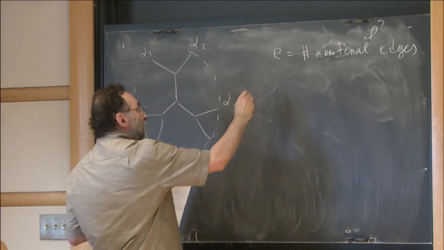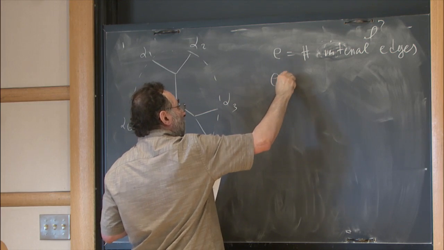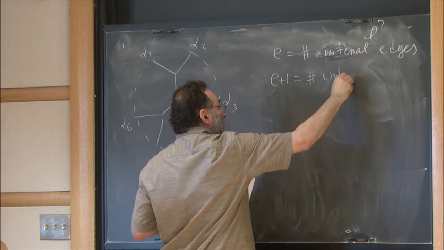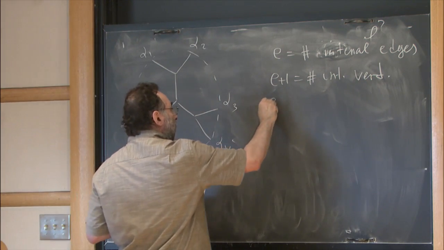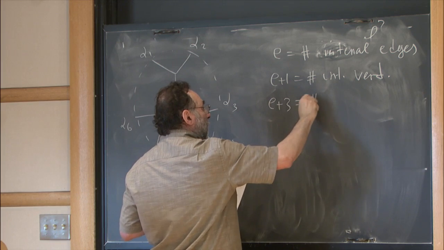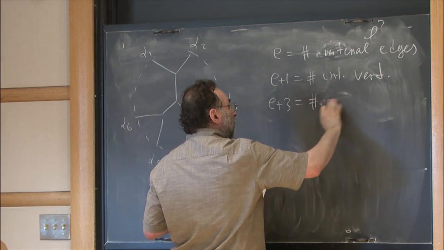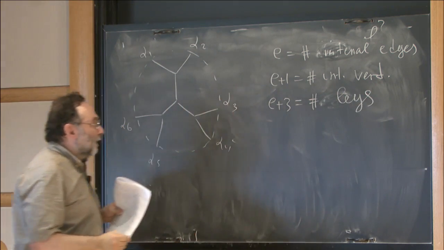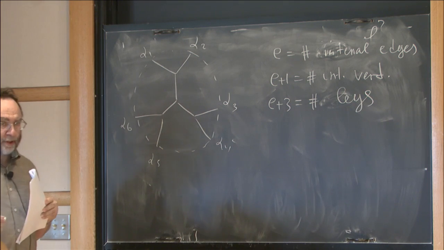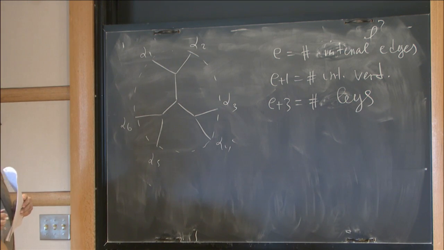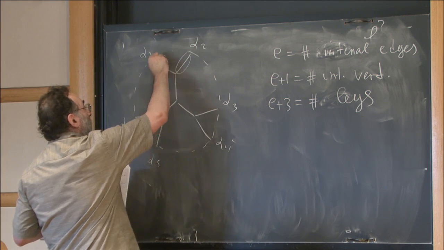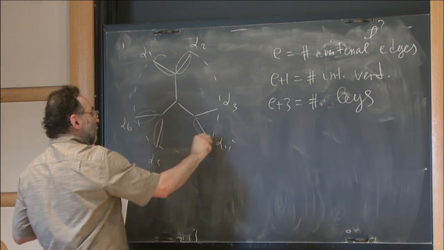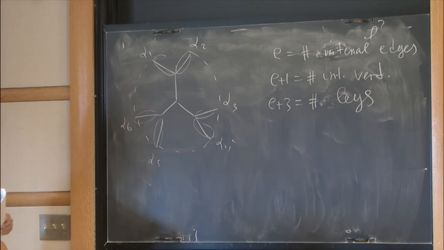Then you can easily see that E plus 1 is the number of internal vertices, and that E plus 3 is the number of external legs. This is a little exercise about trees. Trees always have this property. We have 6 legs in the case when we have 3 internal edges.